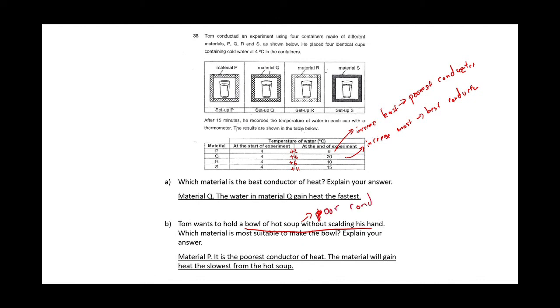Because if you use a good conductor, it will transfer heat to your hand quickly, and then your hand will be scalded. So as I was telling you, material P is the poor conductor, right? So your answer should be material P. And the reason being, material P is the poor conductor of heat. Then your explanation will be because the material will gain heat slowest from the hot soup. So the material will become hot slower, so your hand won't be scalded.